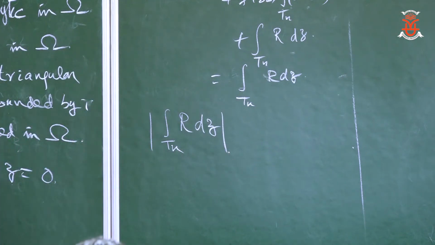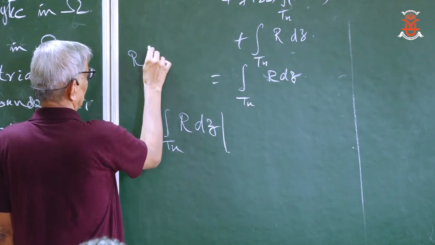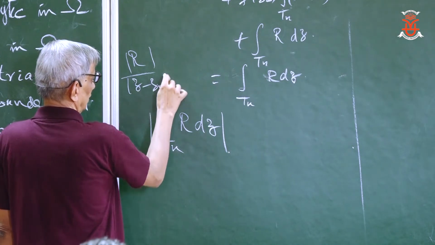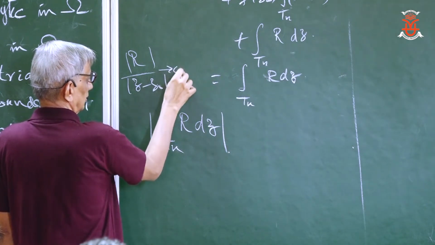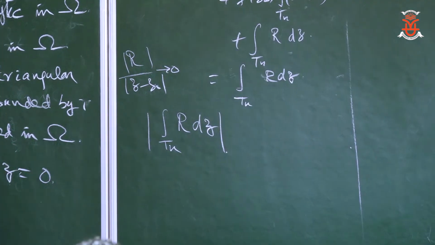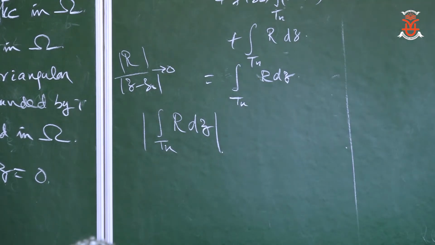What is the property of the remainder term? R over mod z minus z0 goes to 0 as z goes to z0. So in particular, this quotient remains bounded on Tn.